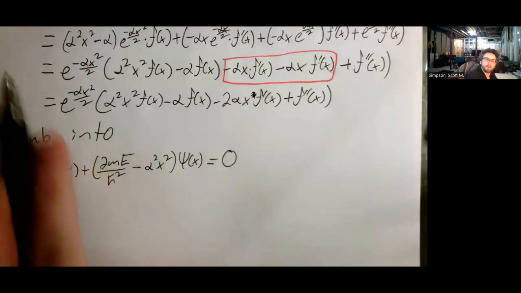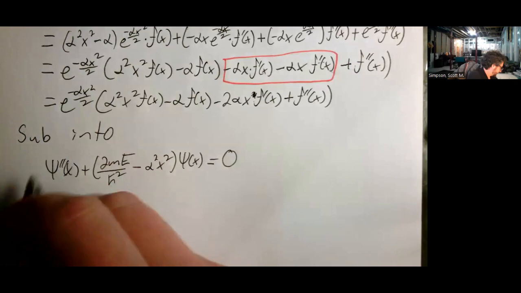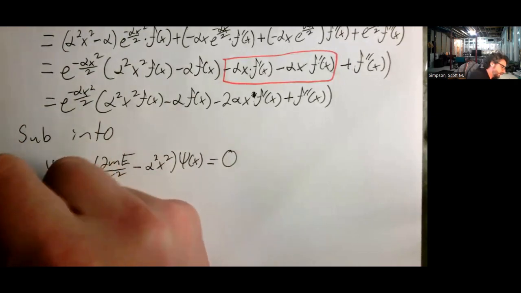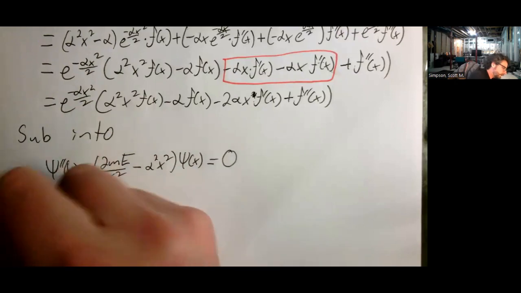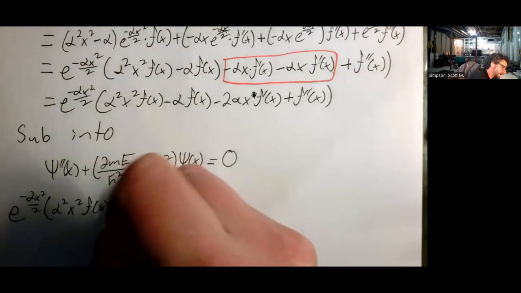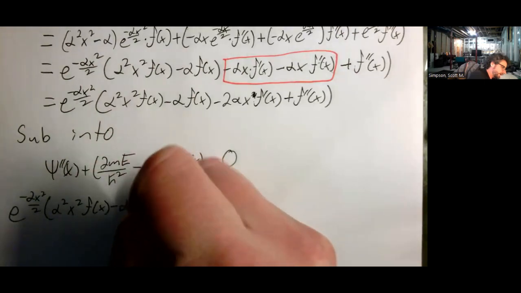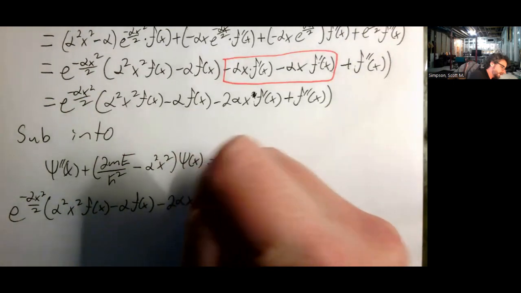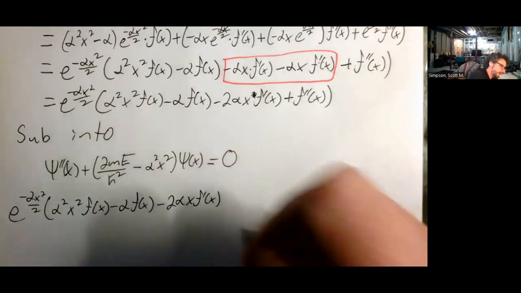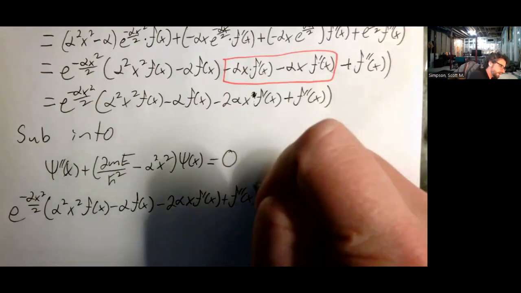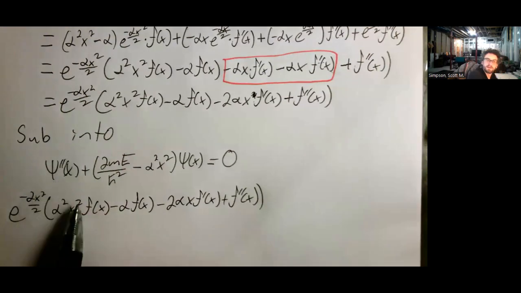So remember, we came up with expressions for this. Let's plug this big thing in there. We get e to the negative alpha x squared over 2 times alpha x squared f of x minus alpha f of x minus 2 alpha x f prime of x plus f double prime of x. That was just this thing that we put in here.